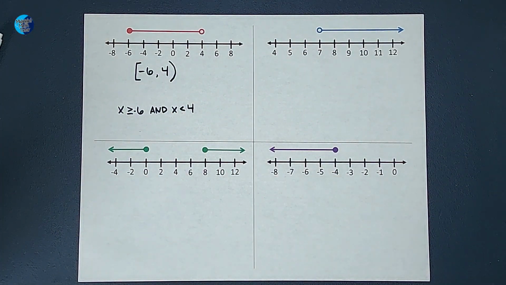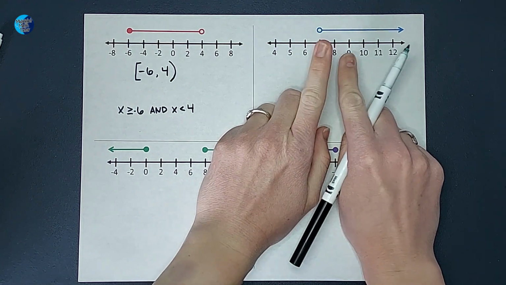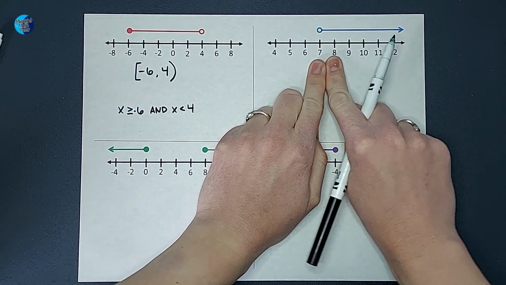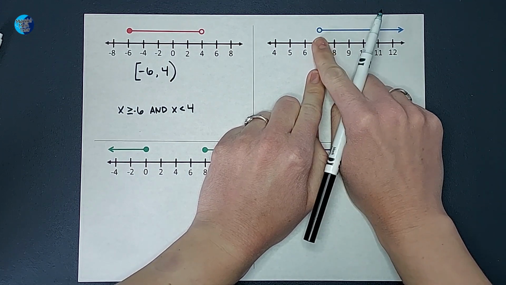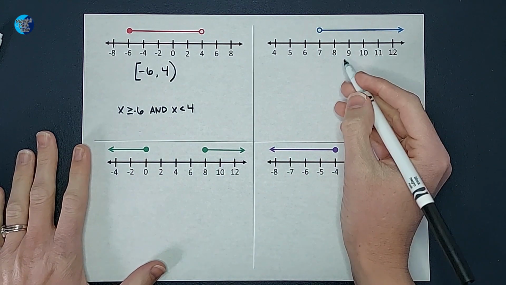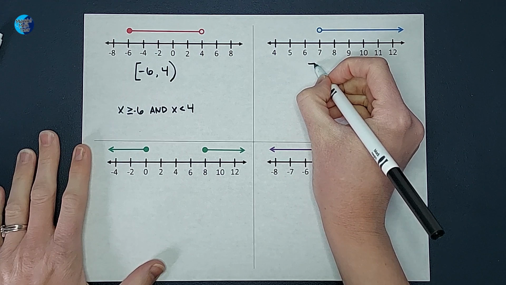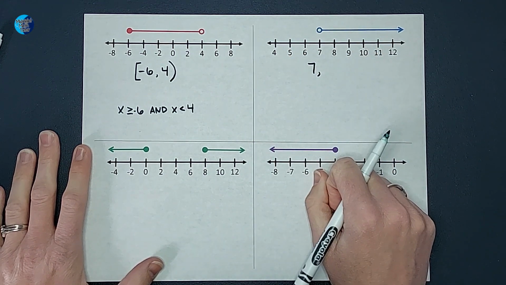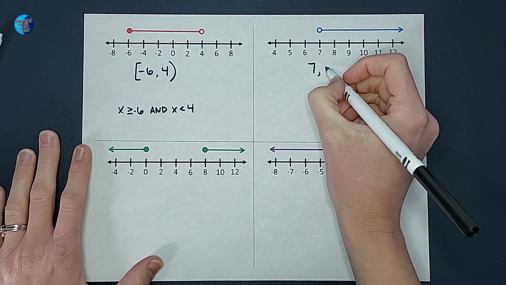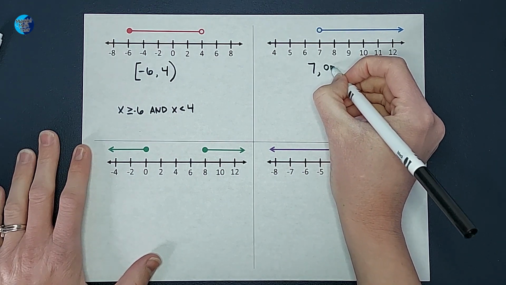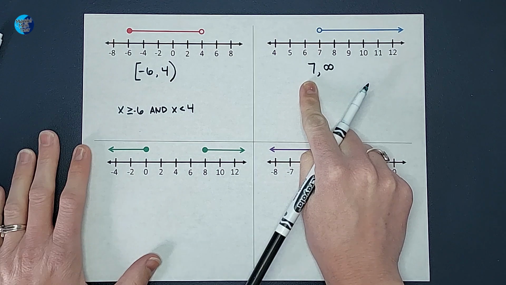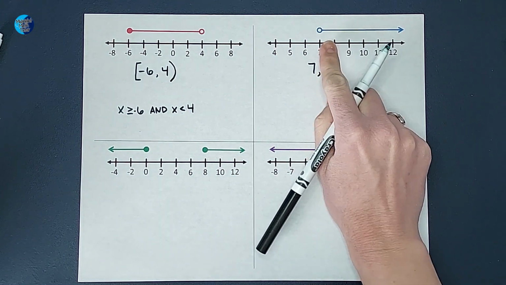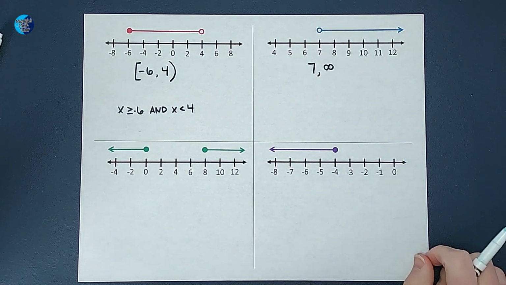All right, let's go ahead and look at another one. This one, my answer can be anything bigger than 7, not including 7, right? So my range of answers goes from 7 all the way forever. How do I signify that? Well, I use a fun little thing called infinity, because I can pick any number from 7 to infinity, but not including 7 because of that open circle.